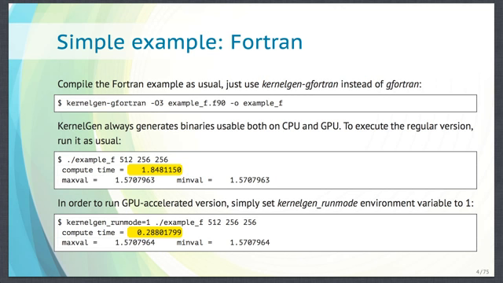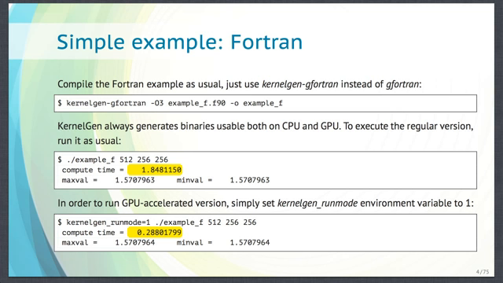It will also generate a standard ELF binary, but that will be a hybrid binary, because if you execute it as usual, with the binary file name and arguments, it will be executed on the CPU.